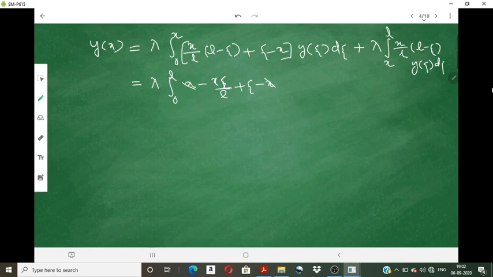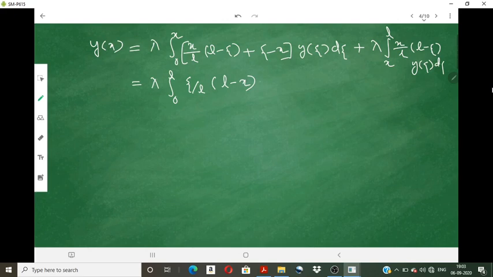So this will be theta by L into L minus x. Okay. So after simplification, this will be theta by L into L minus x.